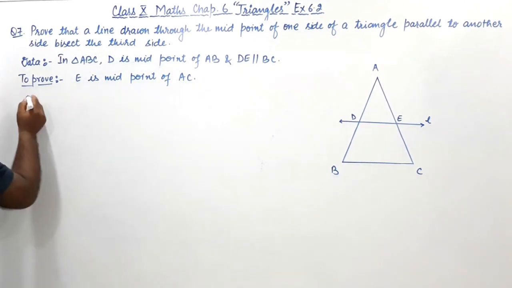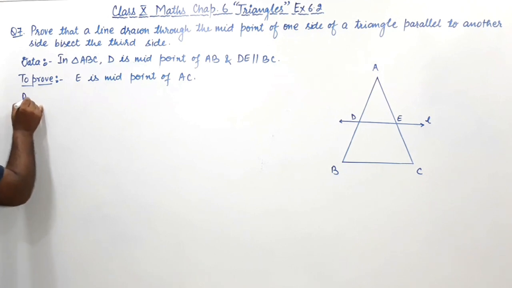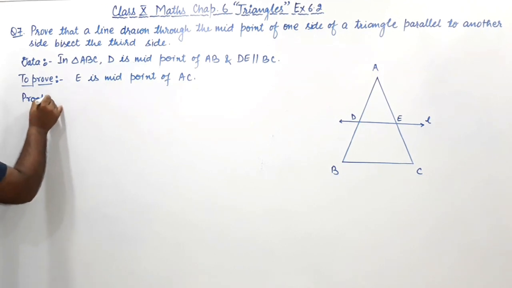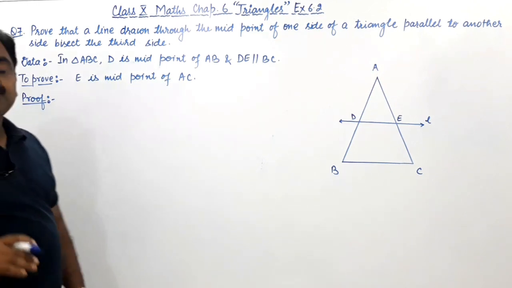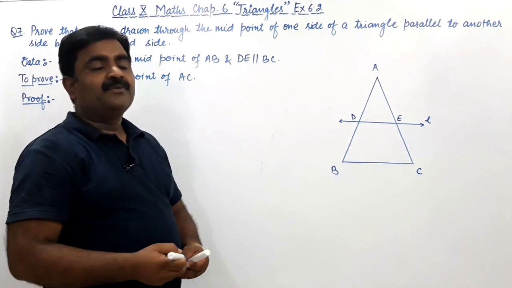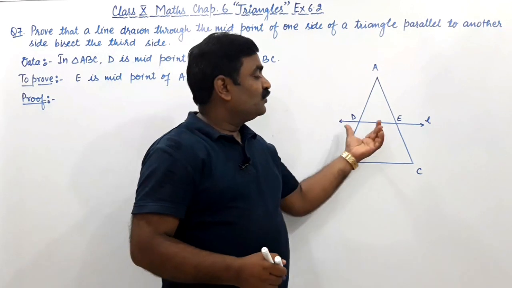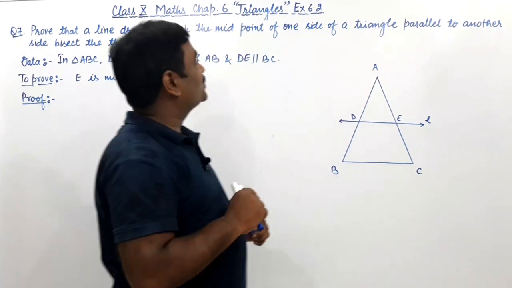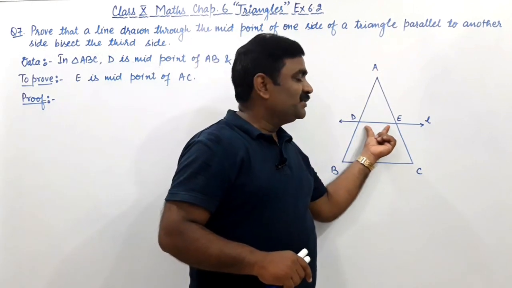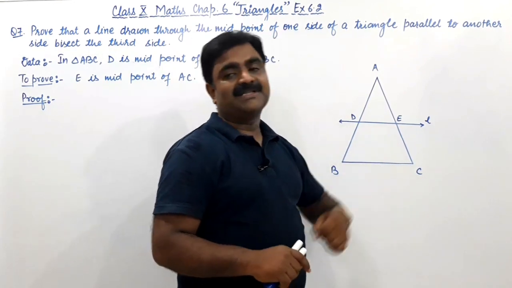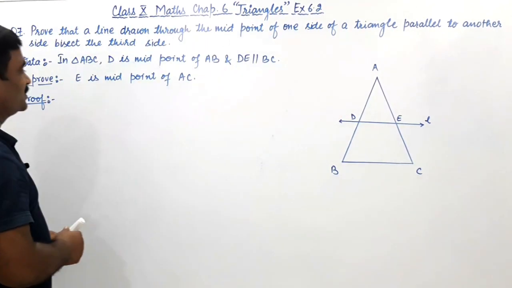See the proof. Right, so to start the proof, we have to see the second information which is given, that this line is parallel to the other side, means DE is parallel to BC. We have to use this information.